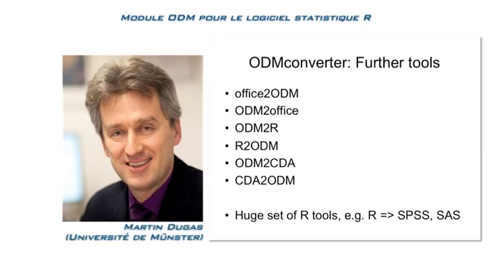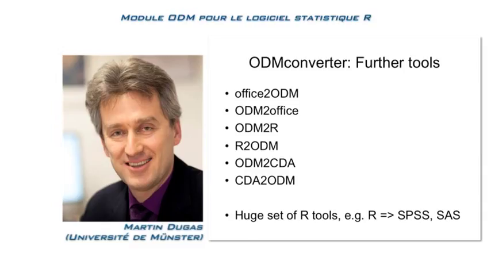And in addition to that, we also have a converter for the clinical document architecture, again, ODM to CDA and CDA to ODM. You're probably familiar with some of the R tools. There's a whole universe of tools, and there are various converters available how you can directly convert R data frames into SPSS files or into SAS data sets. So that can be directly used.